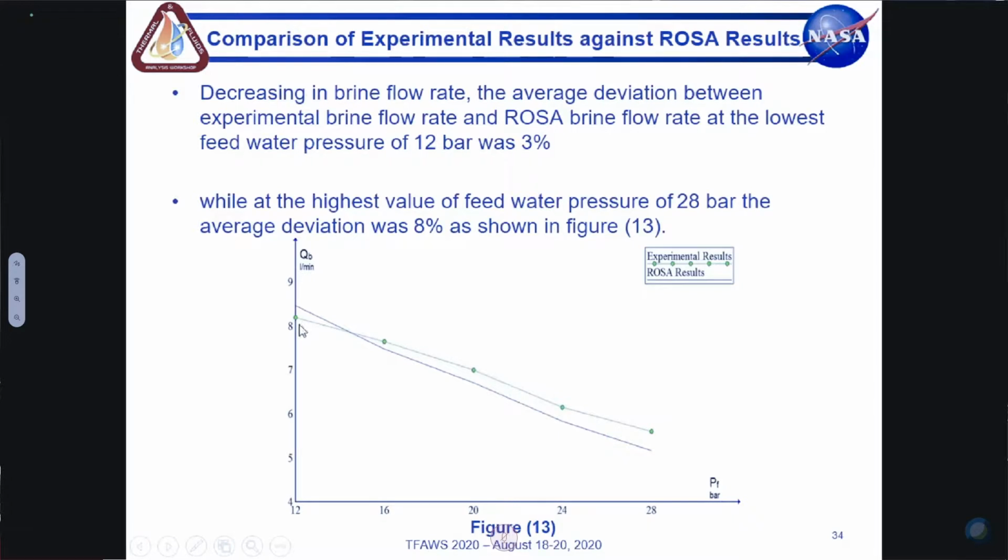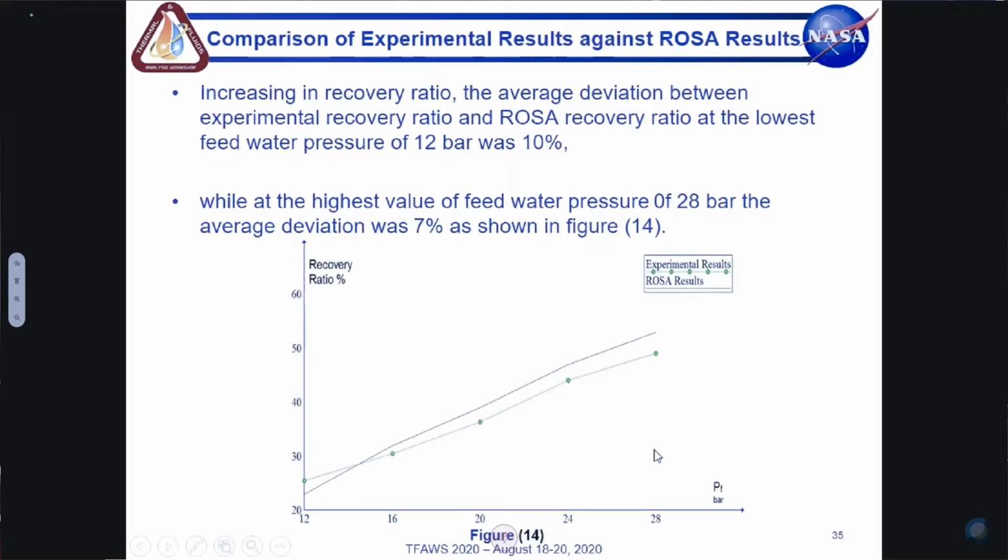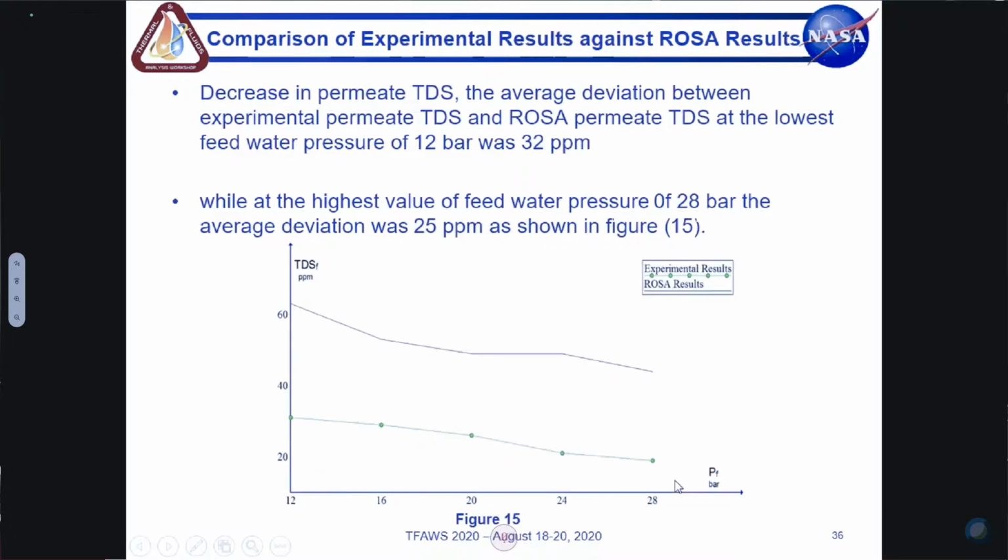Also, for the decrease in the brine flow rate, the average deviation between the experimental brine flow, the green one, and the ROSA brine flow rate at the lowest, about 12 bar, doesn't exceed 3%, and at the highest doesn't exceed 8%.